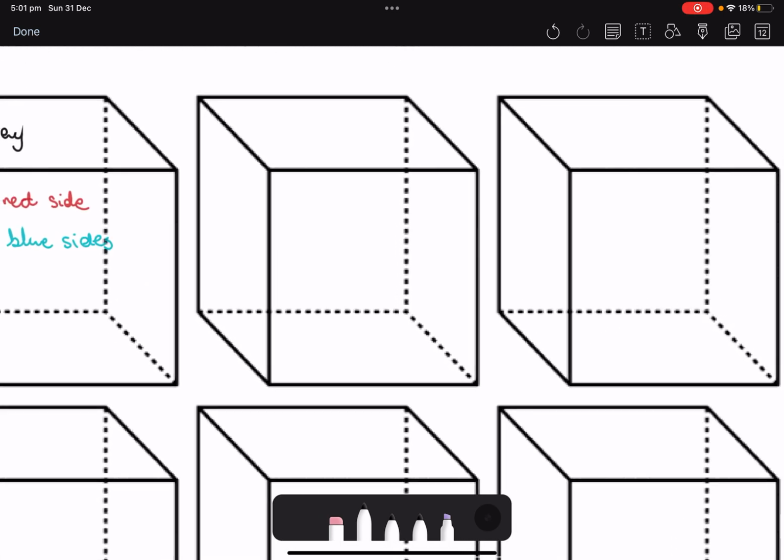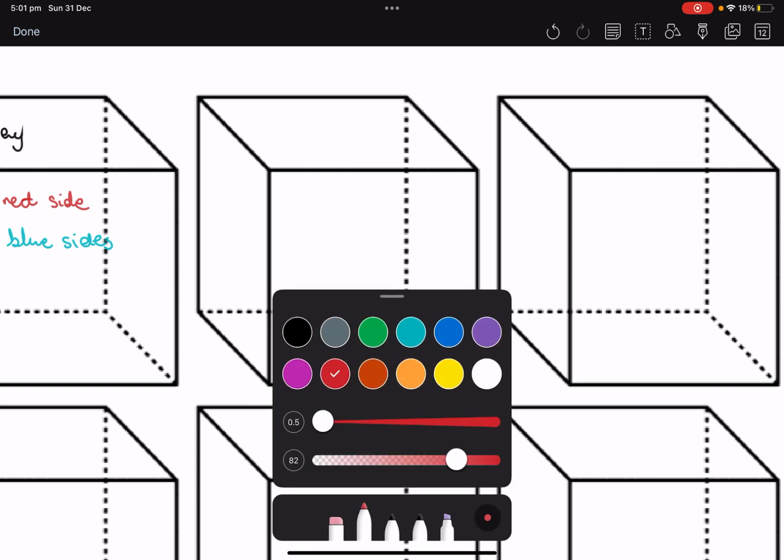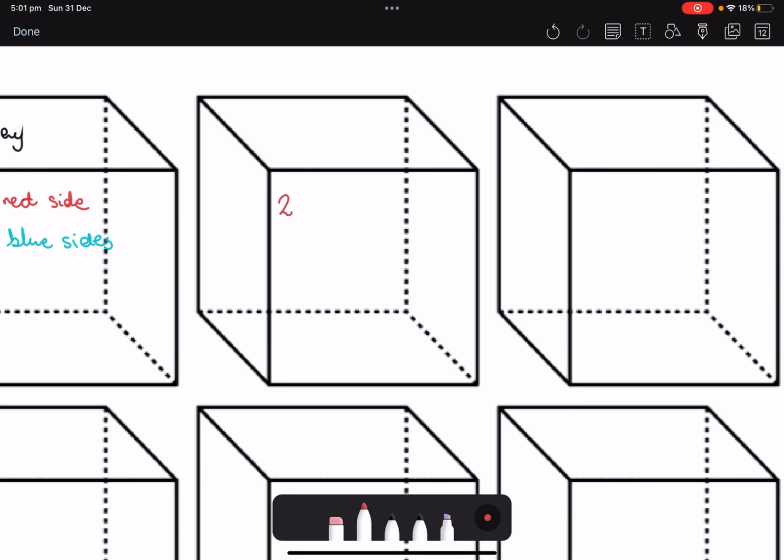For the next option, we could have 2 red sides and we could have 4 blue sides. But for this one, it's slightly different than the others because there are 2 ways to do it.